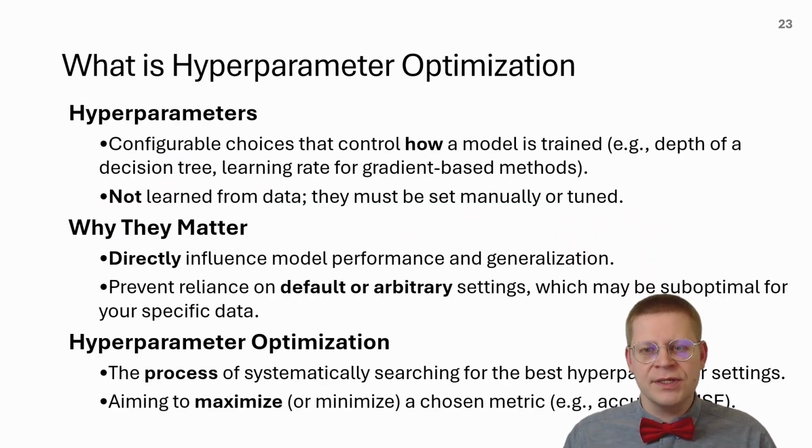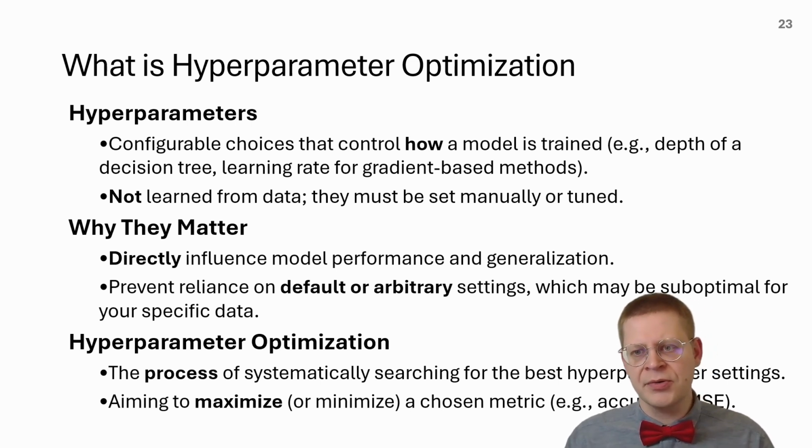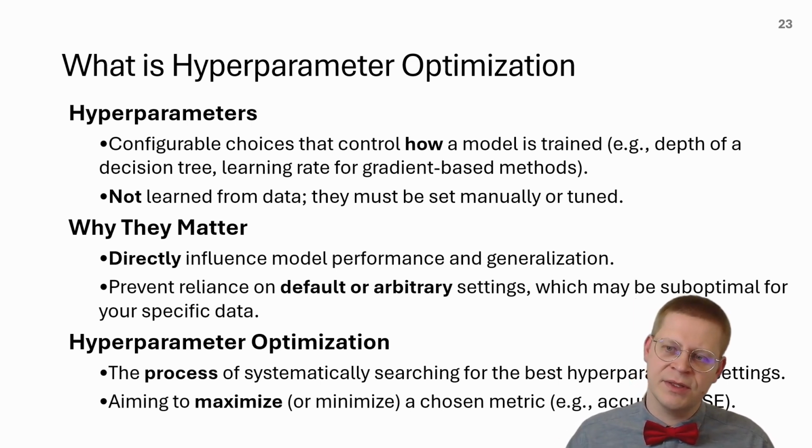Let us firstly clearly define what hyperparameter optimization is and why it is critical. A hyperparameter is any setting that configures how your model learns or is structured, like the depth of a decision tree or the learning rate of a gradient-based method.